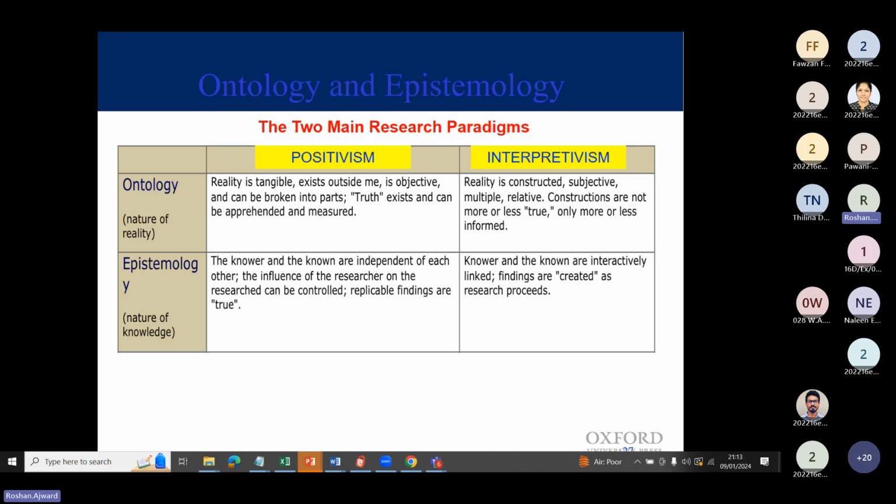So you can see the knower and known are interacting. What it means is the research and the researcher are interacting. He became part of the research.